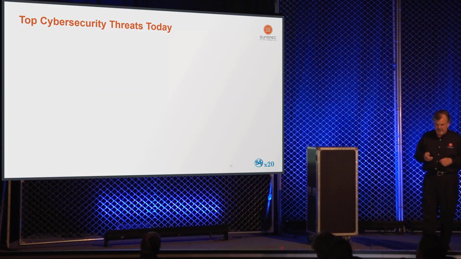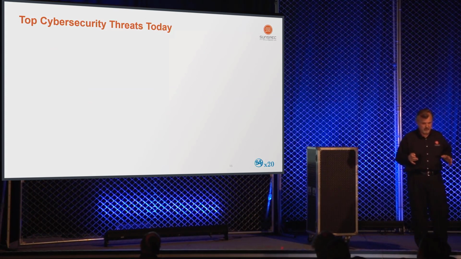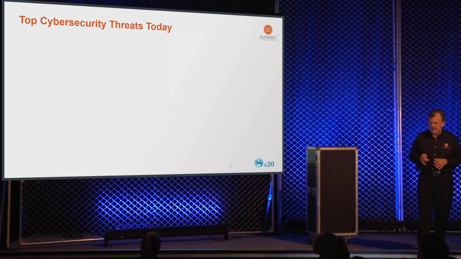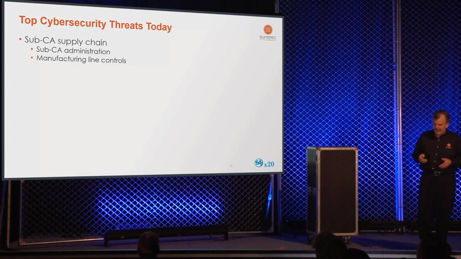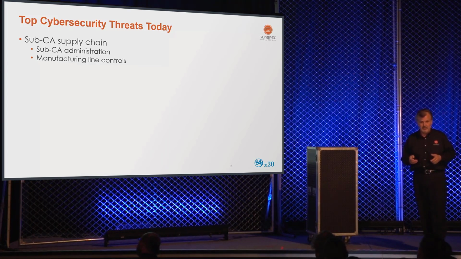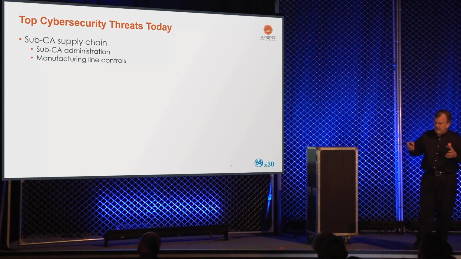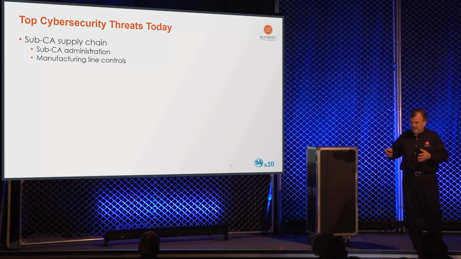The bottom line is that, given this limited experience, the things that you would typically think of as a network cybersecurity threat really don't hit the threshold of concern at this point, because it's other things like sub-CA supply chain administration. So specifically, developing the protocols and the auditing procedures such that we can entrust a manufacturer, even if it's a Schneider or an ABB or something like that, to take responsibility for this cryptographic material and make sure it doesn't get into the wrong hands.